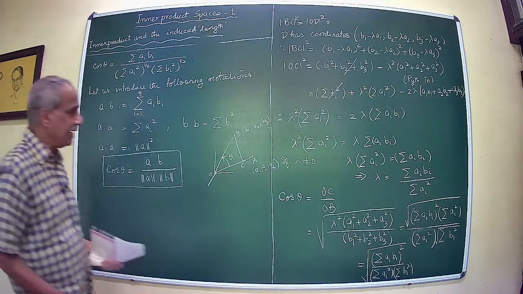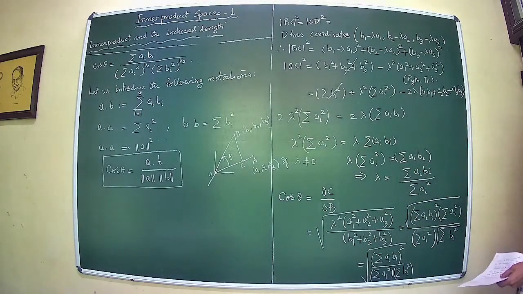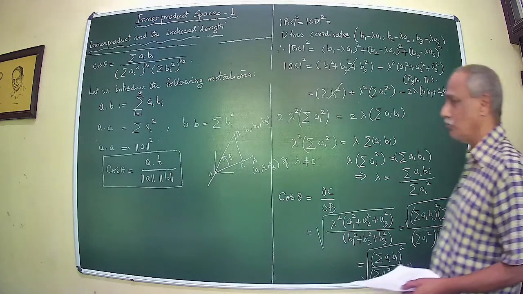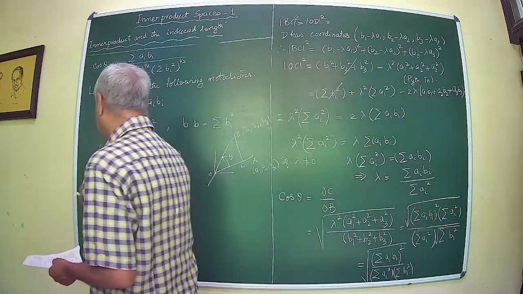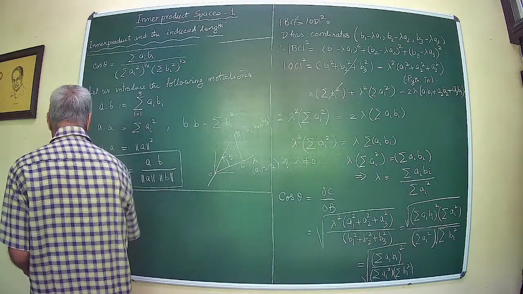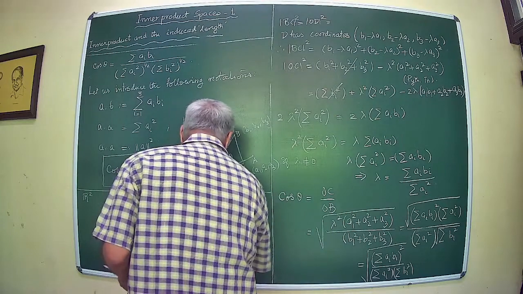Okay. Now you can run the same program in the case of say R2. So for R2 there is a shortcut that you can easily use. For R2 you see that suppose you take R2.